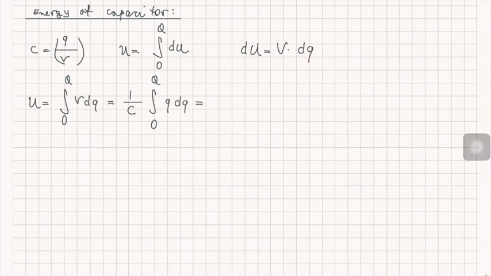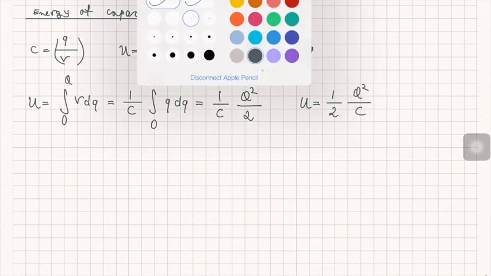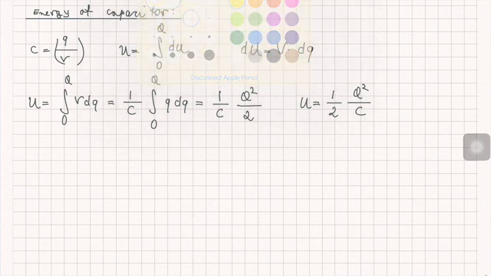And you know how to evaluate this integral. This is 1 over the capacitance, and therefore this is q squared divided by 2 here. So therefore U is nothing else than a half of Q squared over C. So let me box this important result here right now.